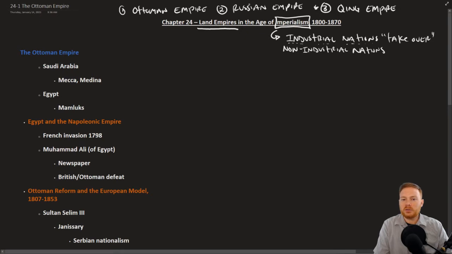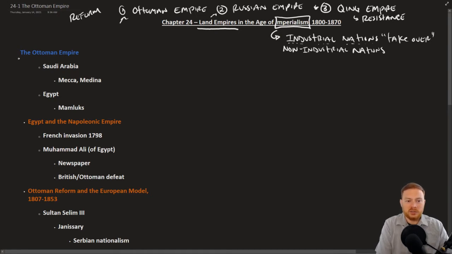For the most part, both the Ottomans and the Russians try some sort of reform. That is to recognize that some changes need to take place. Not all of those reforms really work out, but there is an effort to change. Whereas the Qing Empire, for the most part, is a story of resistance. That is to resist a lot of the changes being brought about by the outside world.